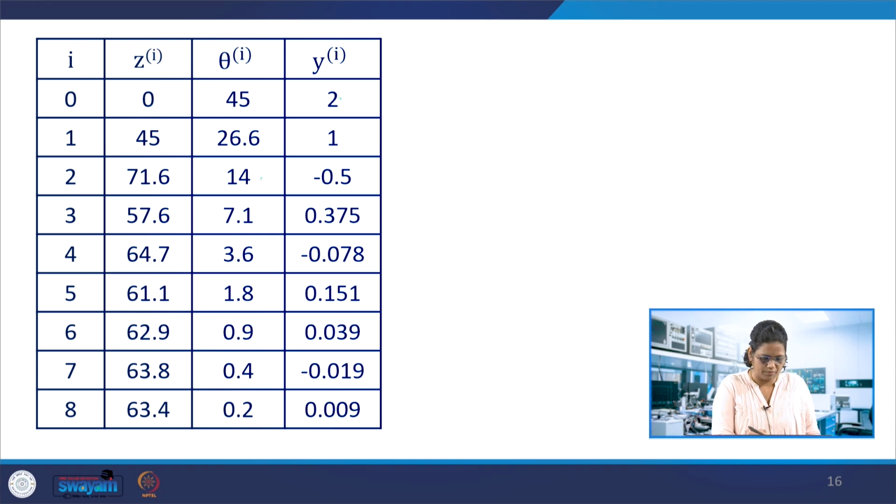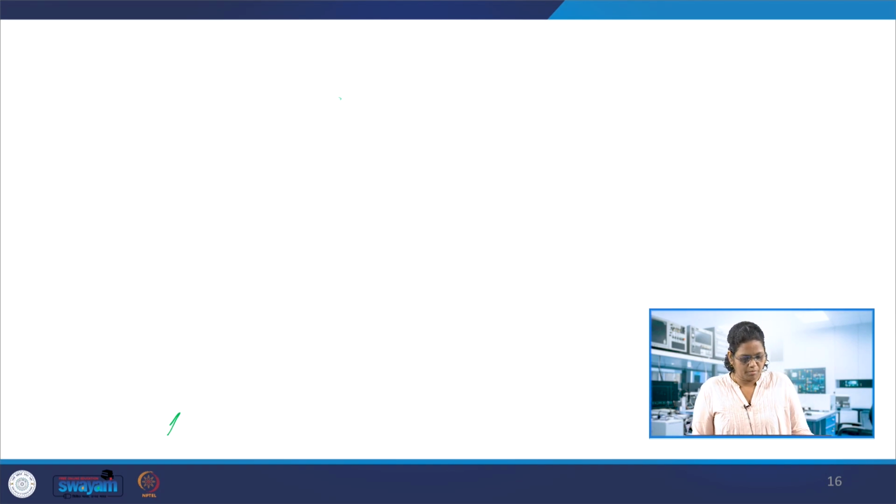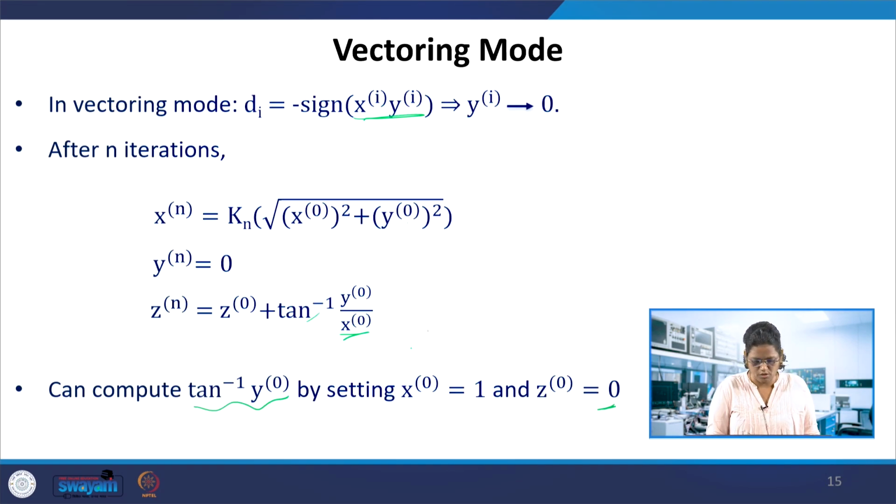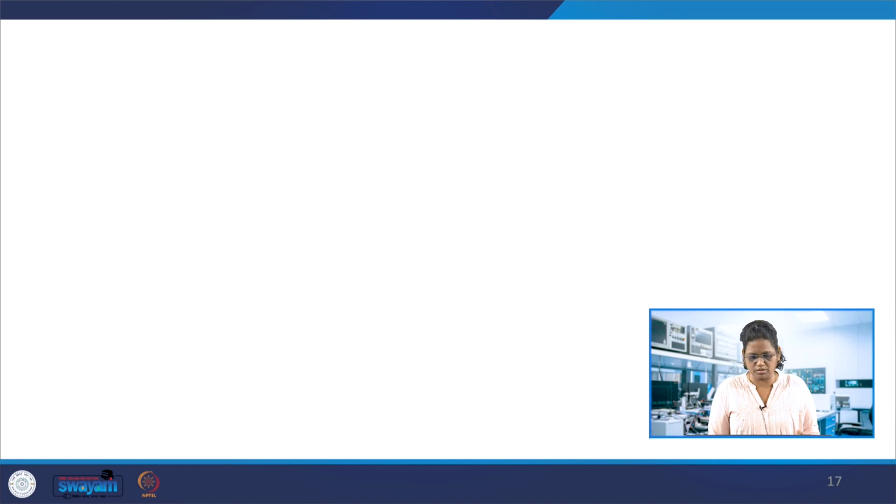You can see theta i reducing by half each time, and zi is the angle, 63.7, the angular accumulator, which from 0 keeps on accumulating. You can see the angle accumulation in this process. So we can compute this tan inverse of y0 also. So rotation mode and vectoring mode can be used in the CORDIC process.